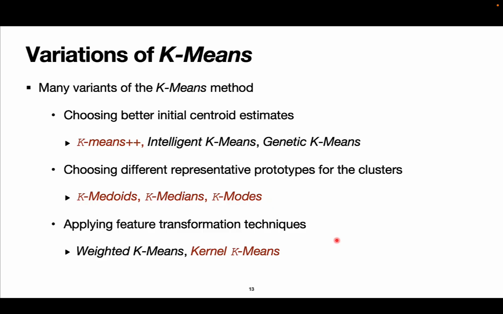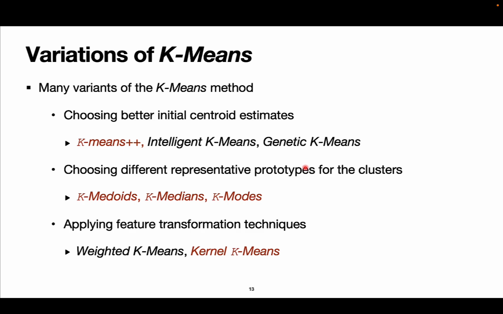Finally, there has been a lot of work on improving the initialization and performance of k-means. The first line of improvements comes from choosing better initial centroids, because as we have seen, random initialization can sometimes lead to poor clustering results. There are several clever algorithms such as k-means++, intelligent k-means, and even evolutionary approaches like genetic k-means.